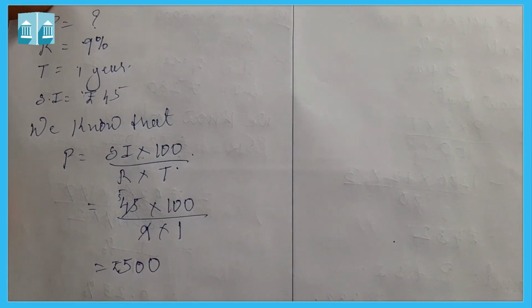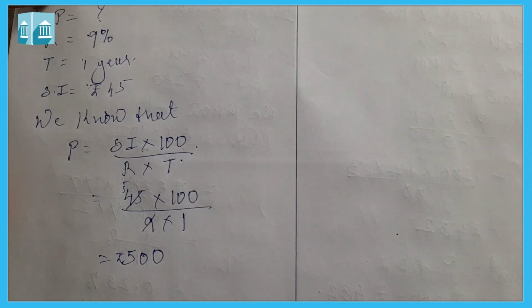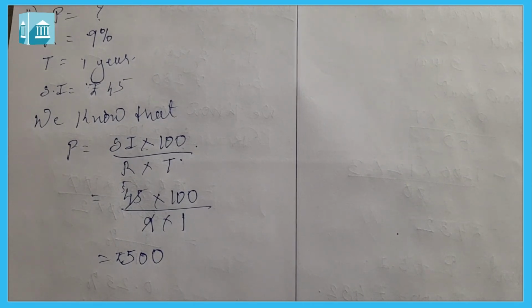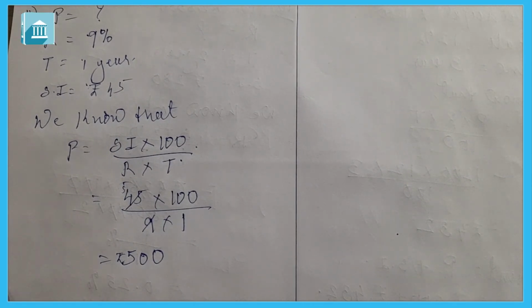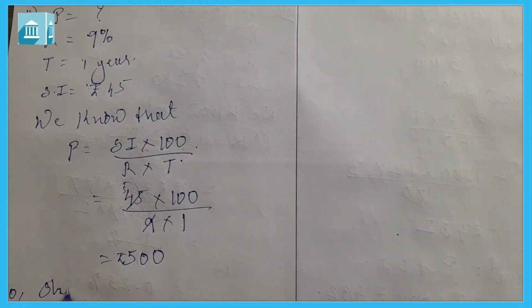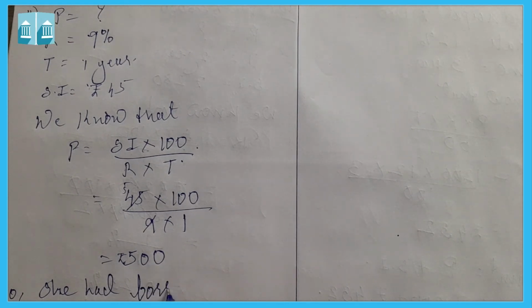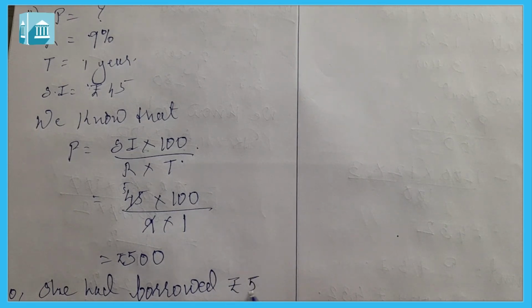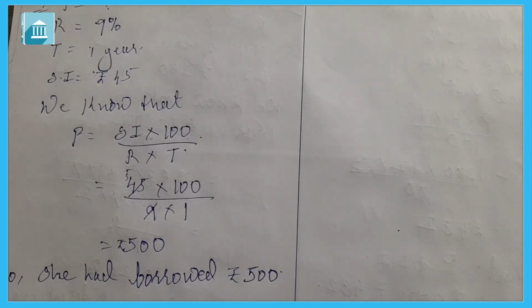So the principal here is rupees 500. So Meena had borrowed rupees 500.